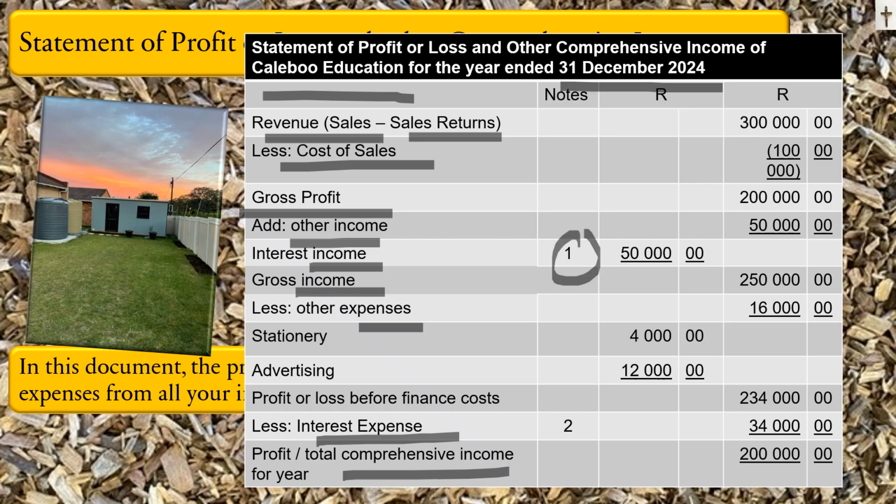Interest income and interest expense are shown in notes to the financial statement. They will show you how that 50,000 was derived and how that 34,000. By accounting law, interest must be shown separately or in a note how it is calculated and separately.